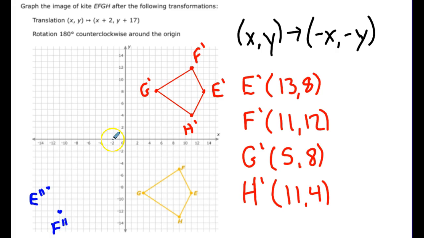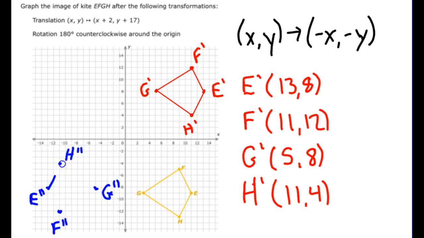G prime, negative 5 and negative 8 is going to be our new point, G double prime. Now the last one, H prime is 11, 4, so negative 11, negative 4 will be H double prime.